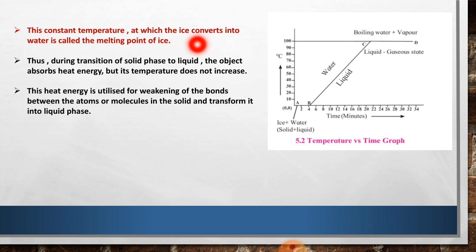So as I have told, this is all a process related to solid phase to the liquid phase, from ice to water. So the heat energy is utilized for weakening of the bonds between the atoms or molecules in the solid and transforms into the new liquid phase as the ice gets converted into water.